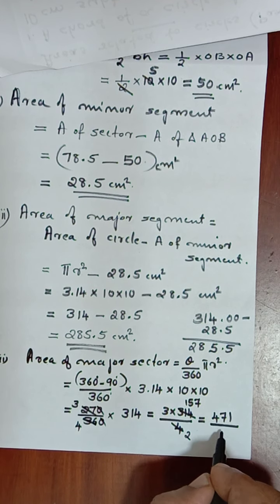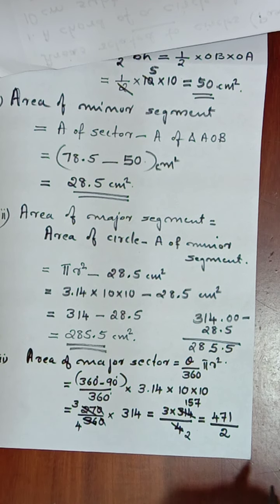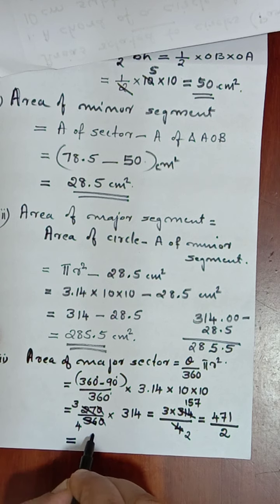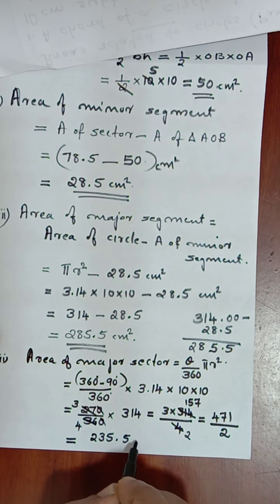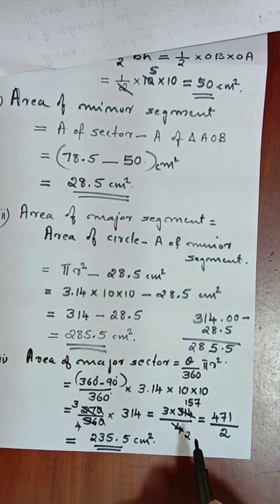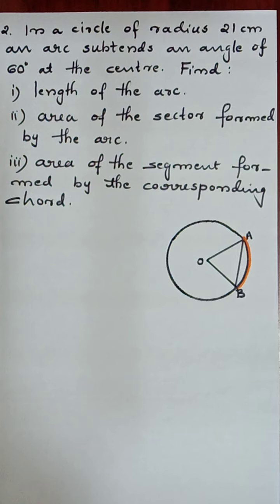Do the calculation in the working column, get the answer. 471 divided by 2. Show the division. You are getting it equal to 235.5 cm square. So this is how we can find out area of minor segment, major segment, and also minor sector, major sector, etc. We'll move on to second question.